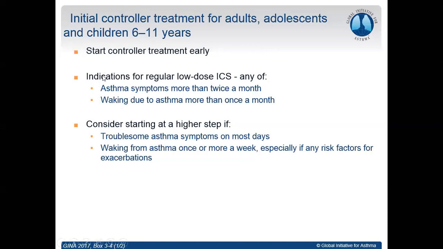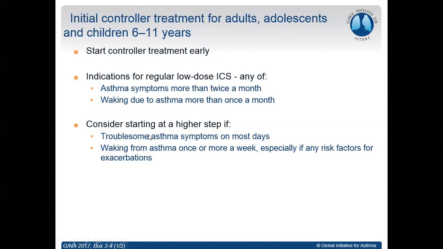Okay, so when am I going to start with low dose inhaled corticosteroids? As we said, it is based on the asthma control. If the patient is not in control, which means asthma symptoms are more than twice a month, or waking up due to asthma more than once a month, you are going to start low dose inhaled corticosteroids.